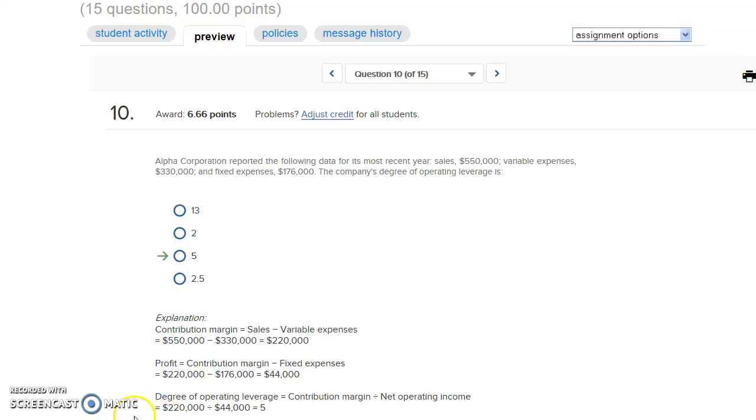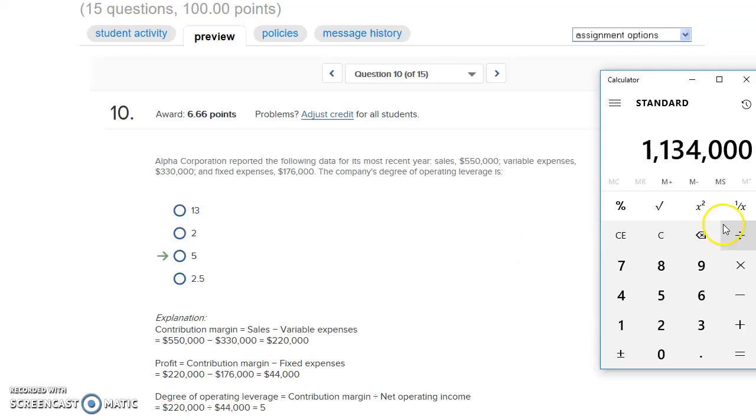So let's figure out what our contribution margin is. Contribution margin, hopefully you know the formula, is just going to be sales minus your variable expenses. So your sales of $550,000, and then your variable expenses is $330,000. So your contribution margin is $220,000. Write that down. You will need it.